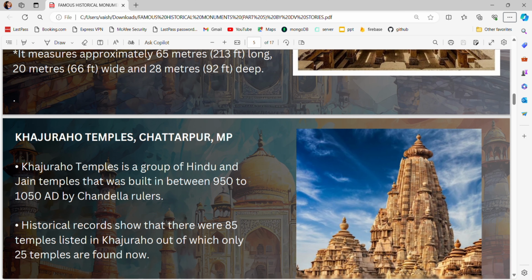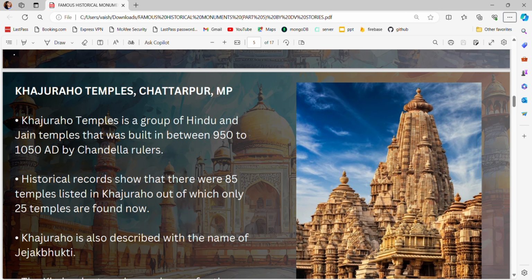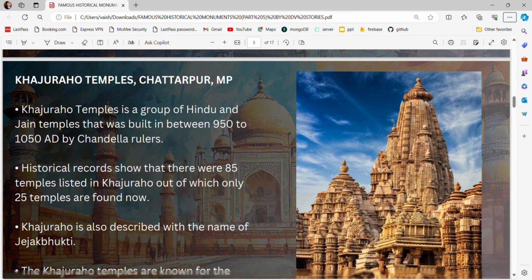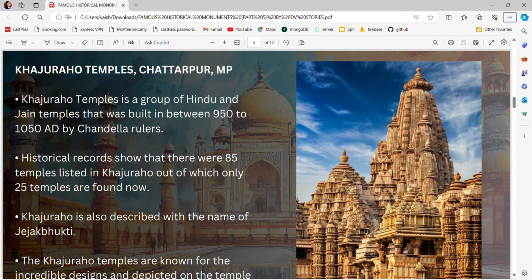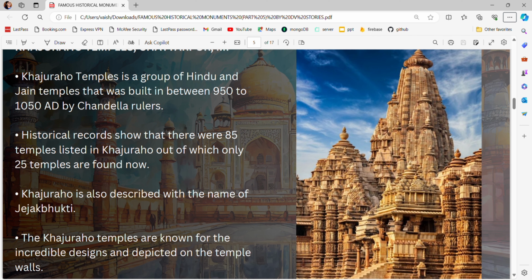And next, Khajuraho temples, located in Madhya Pradesh. Khajuraho temples are a group of Hindu and Jain temples that were built between 950 and 1050 AD by the Chandela rulers.